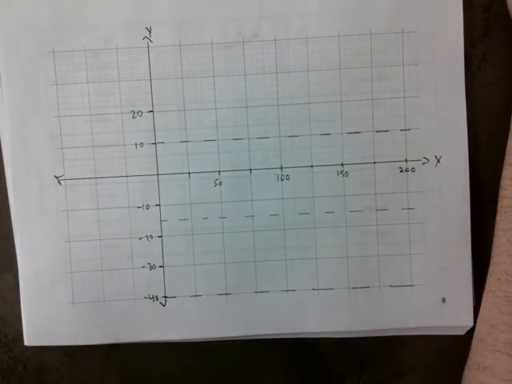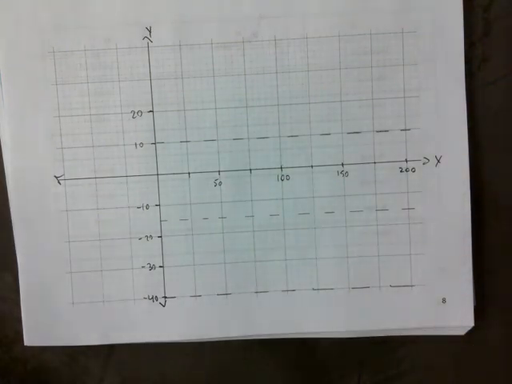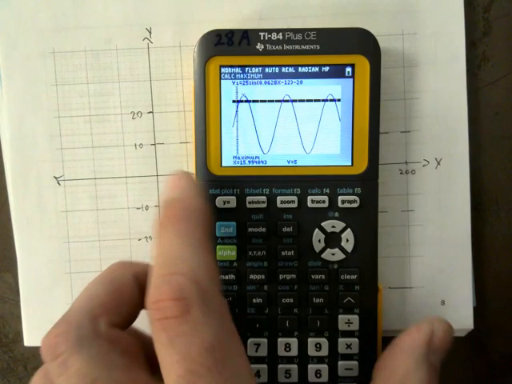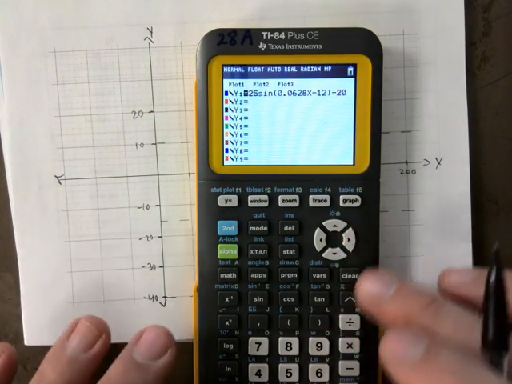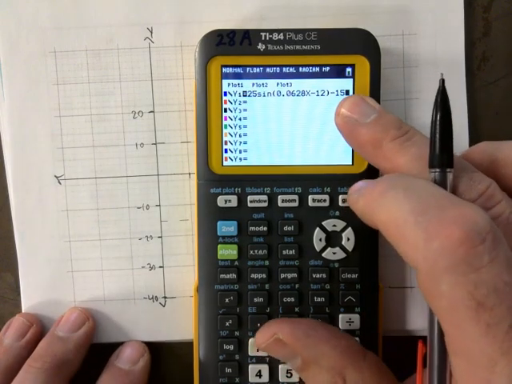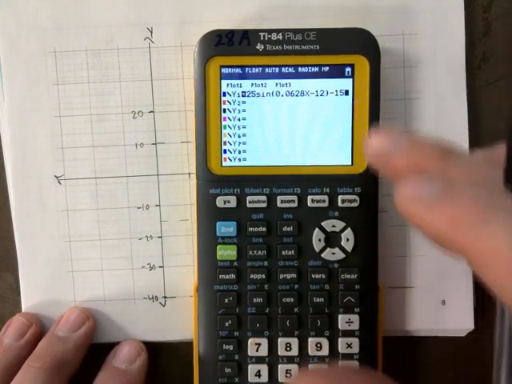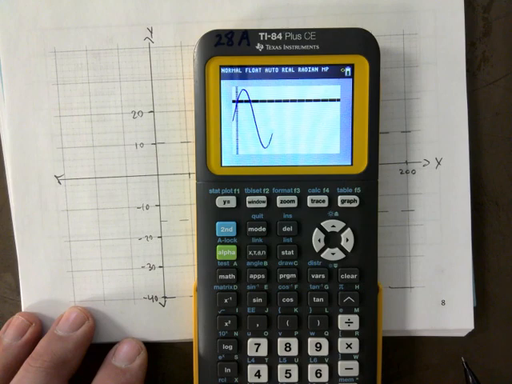Did I make a mistake? Guys, I made a mistake. In my calculator, I did not go minus 15 here. Remember? I don't know if you changed it, but I told you to change that to negative 15. So I have to change it.